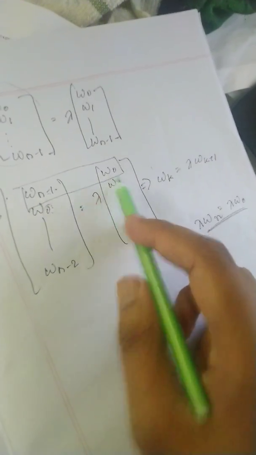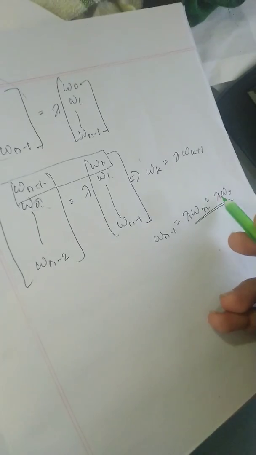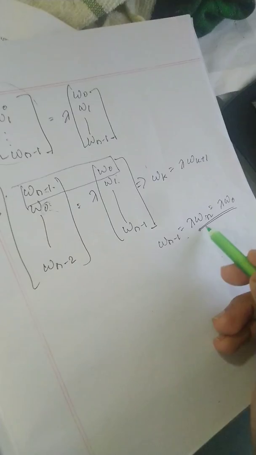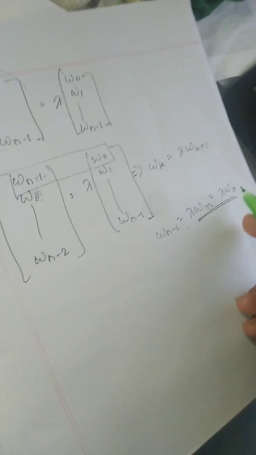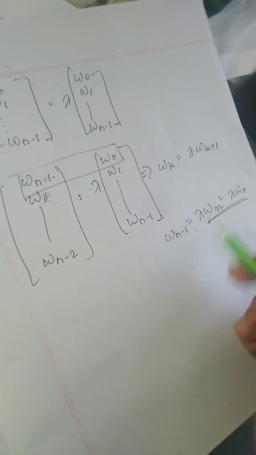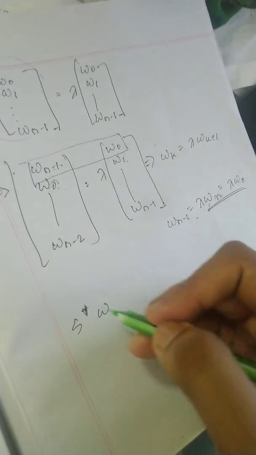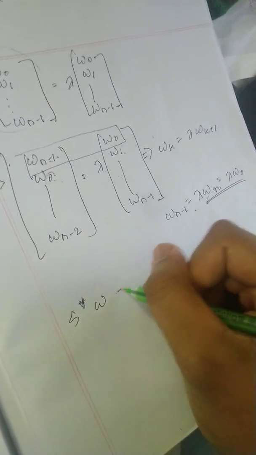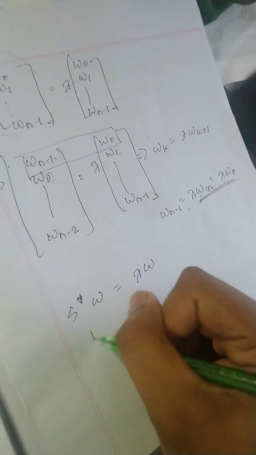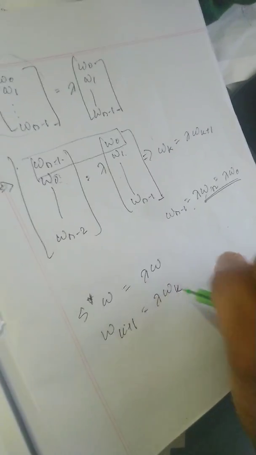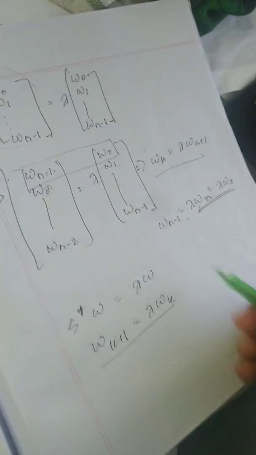So that's why w n minus 1 is w0. Here, w is equal to lambda times w0, and w0 is actually wn. Okay, so for S conjugate, as this is left shifting the vector w, we can write w k plus 1 equal to lambda wk. We can use this one or this one, any one.